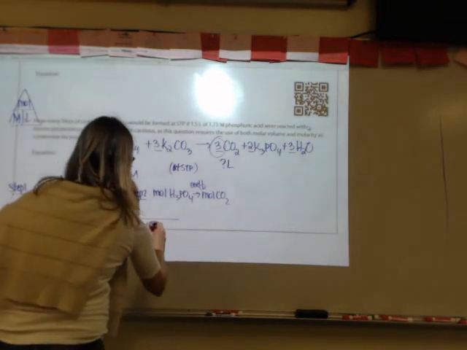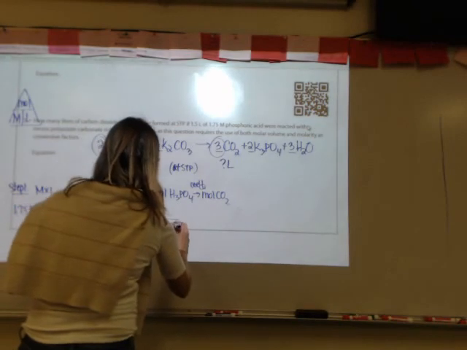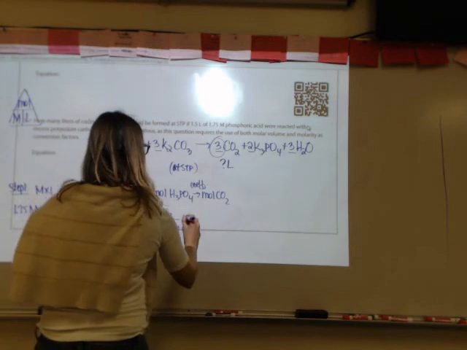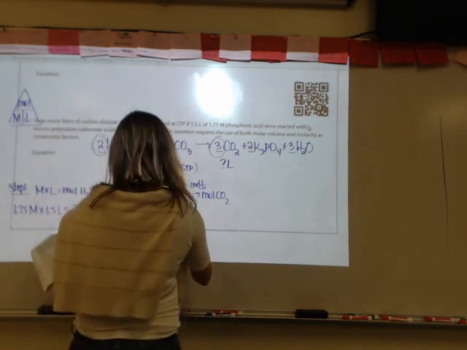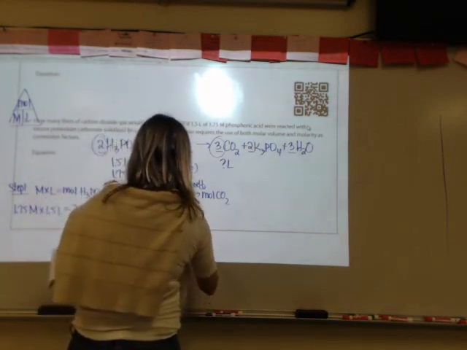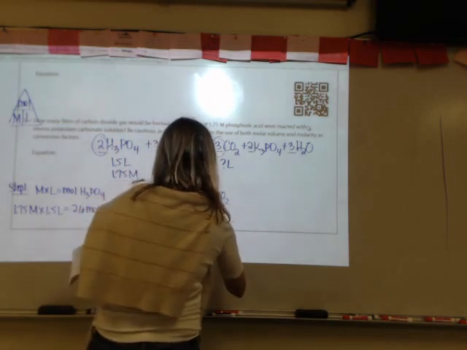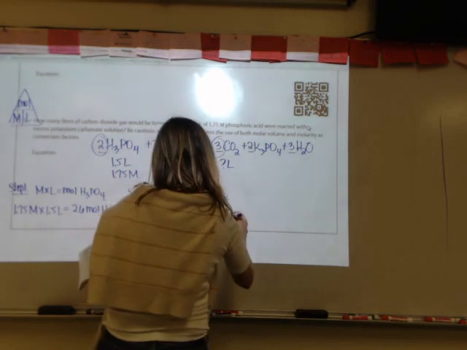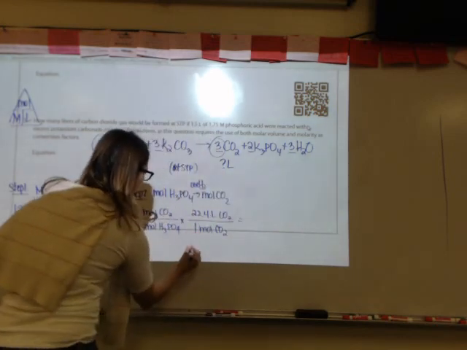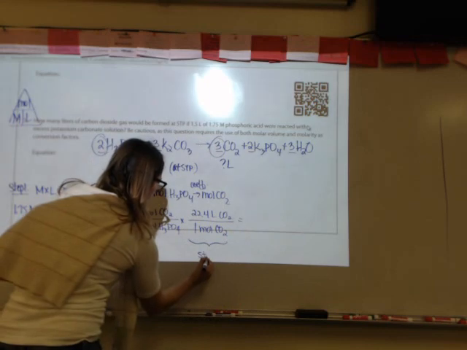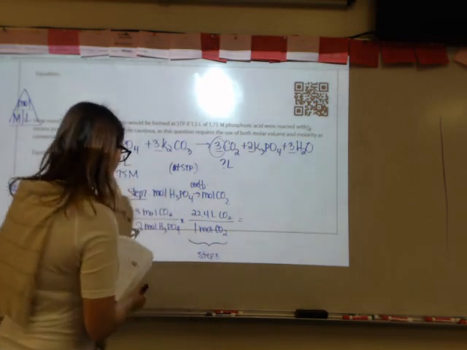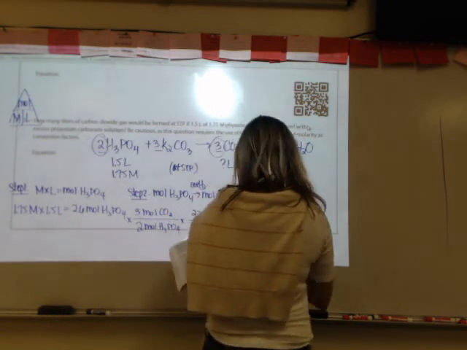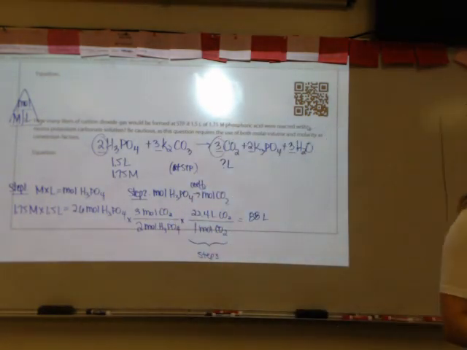So we will put 2 moles of H3PO4 on the bottom, 3 moles of CO2 on the top. And then what I can do in step number 3 here, since I am at STP, this right here is my step 3. I can use 22.4 liters per mole to get me to 88 liters of CO2.